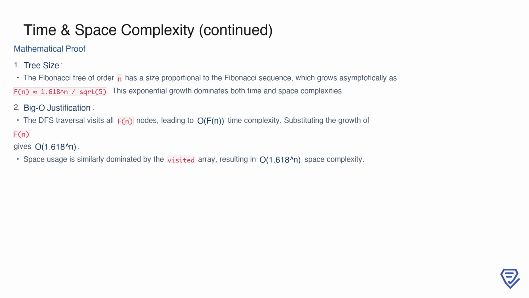Finally, we can validate these complexities with a mathematical understanding of the Fibonacci tree's growth. The size of a Fibonacci tree of order n directly corresponds to the Fibonacci sequence, which grows asymptotically as 1.618^n / sqrt(5). This exponential growth is the primary factor behind the time and space complexities.